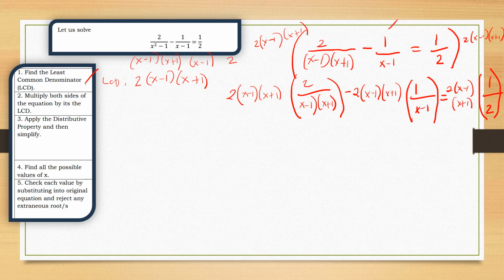Wala akong nilagay na over ha, kasi ibig sabihin multiplication lahat ang process niyan. Di lang kasya. So, ito over 1.